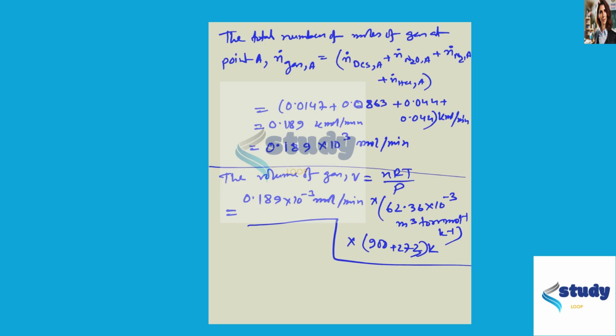Pressure given here is 604 millitorr or 604 multiplied by 10 inverse 3 torr. When we do this calculation, we get 2.29 multiplied by 10 to the power 4 meter cube per minute as the volumetric flow rate.